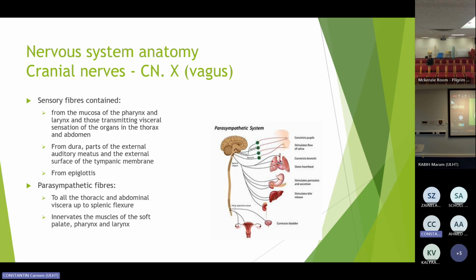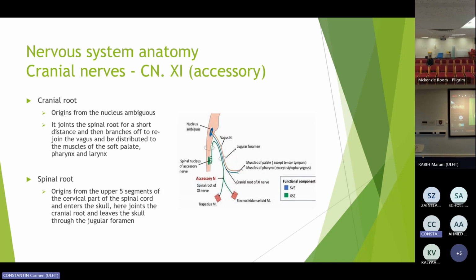And the parasympathetic fibers innervate the muscles of the soft palate, pharynx and larynx, and this is what we can see: severe dysphagia due to brainstem strokes, which affect the vagus nerve.